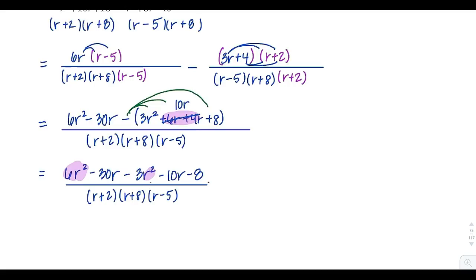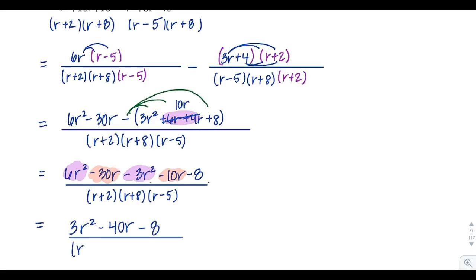So we're going to combine our like terms. We have two sets of like terms. We'll combine our 6r squared minus 3r squared, that's 3r squared. Our negative 30r and negative 10r is negative 40r minus 8.